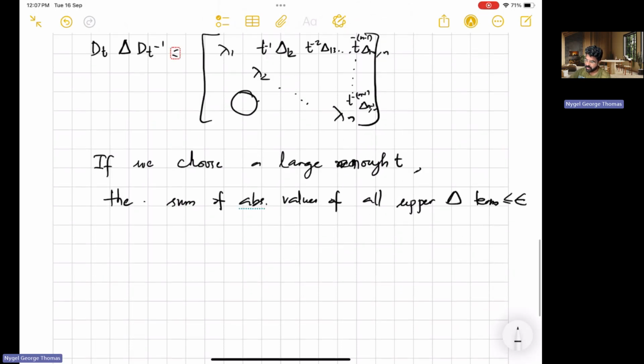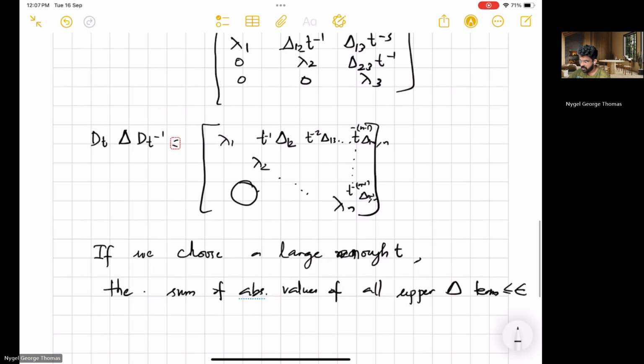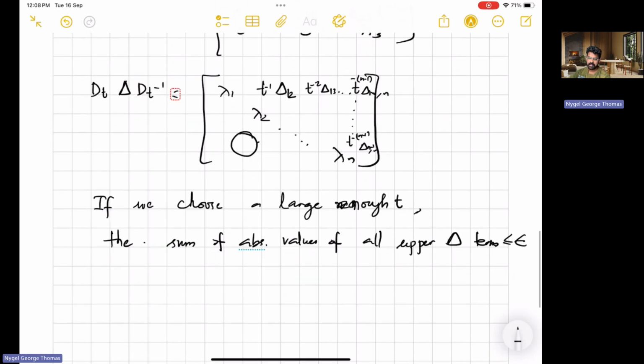What I mean is, let's say we take this t to a sufficiently large value, then all these values can be made very small, so that all of them will add up to a very small value, epsilon, right?